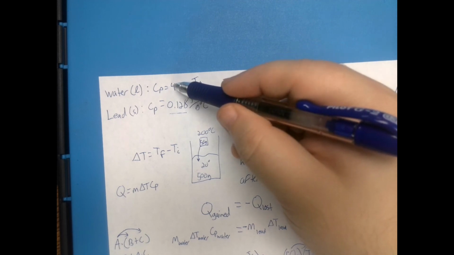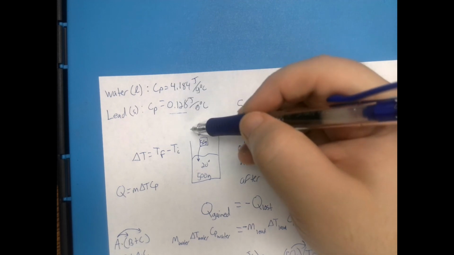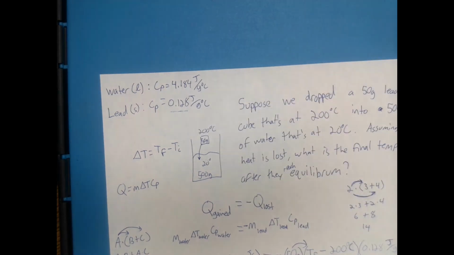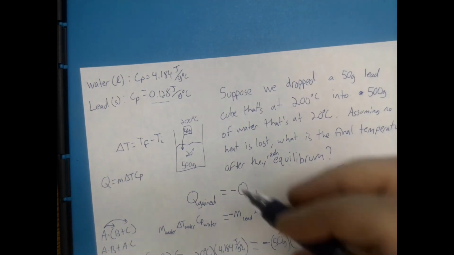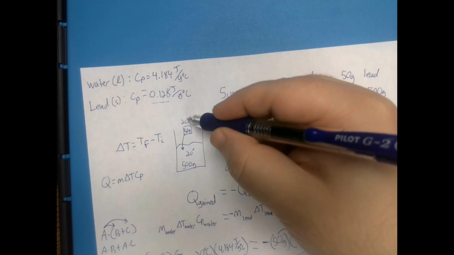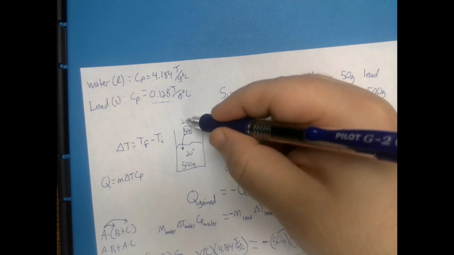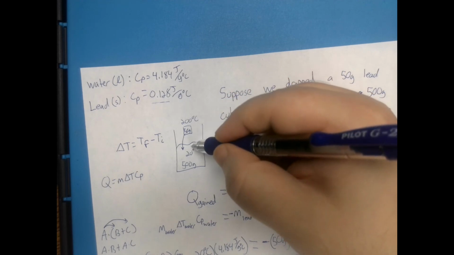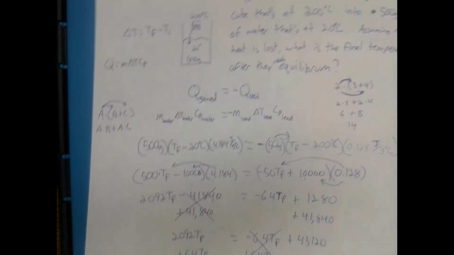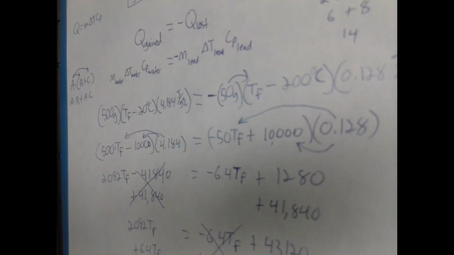Water takes over 4 joules to increase its temperature by 1 degree. So again, water takes a lot of energy to do it. So 200 going down. So let me illustrate this.